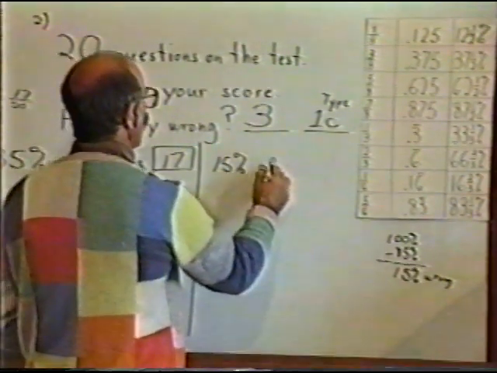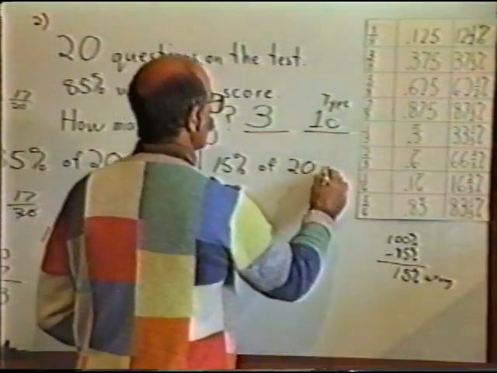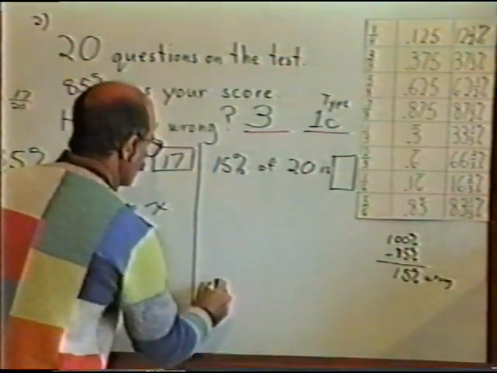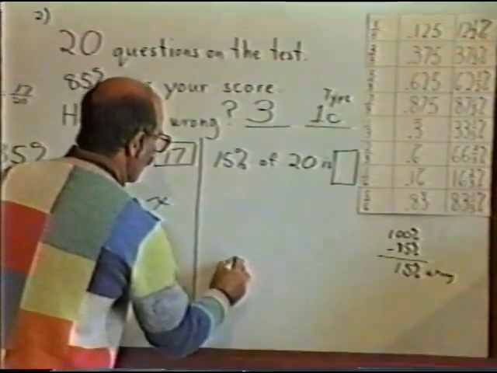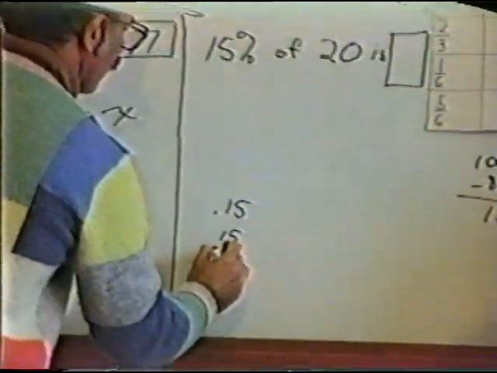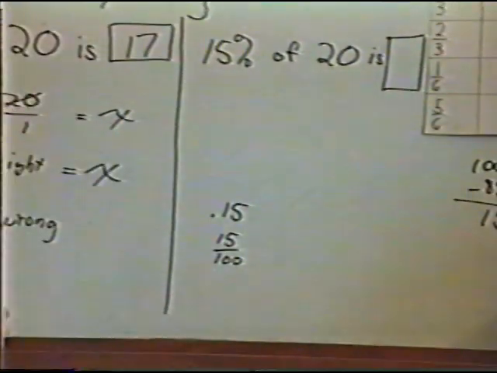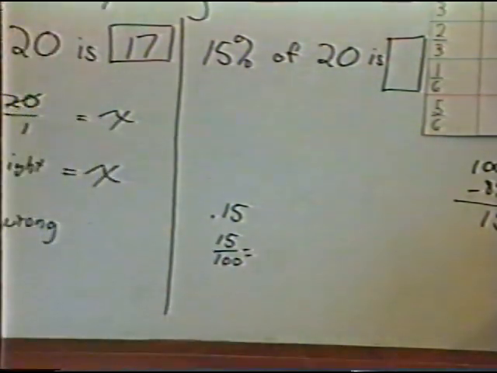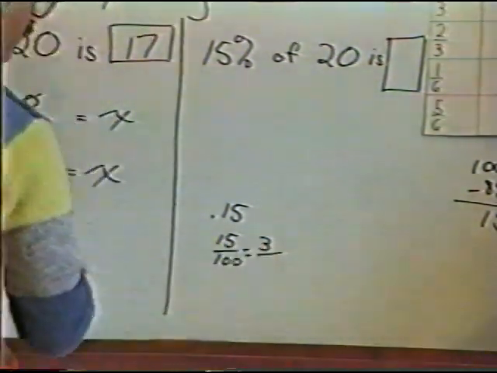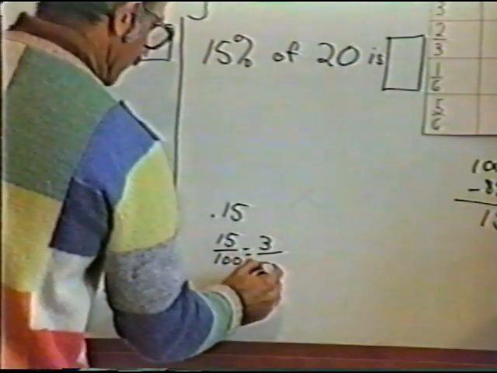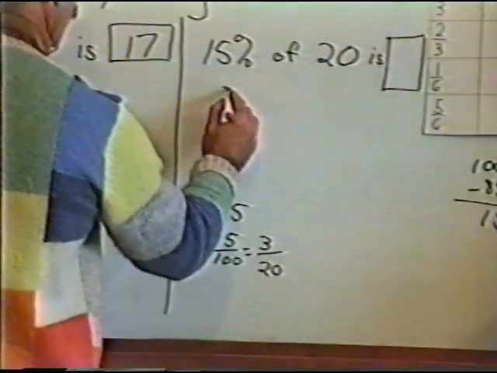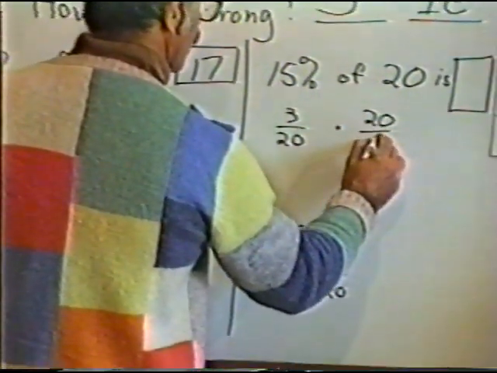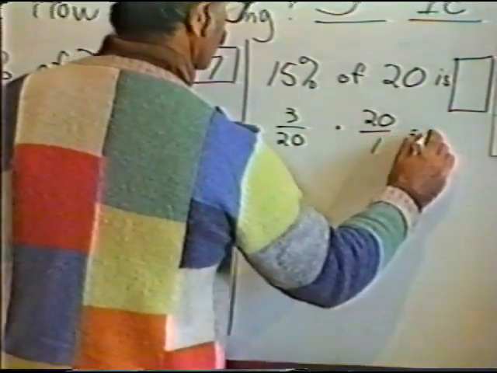15% of 20 is what? 15% is 15 hundredths. Can we reduce it? Yes. We hit top and bottom with 5. 5 into 15 is? 3. And 5 into 100? 20. 3 twentieths. 3 twentieths times 20 over 1 equals x.